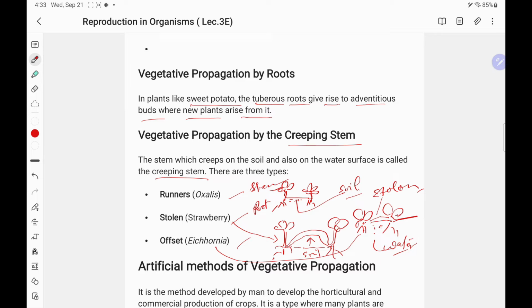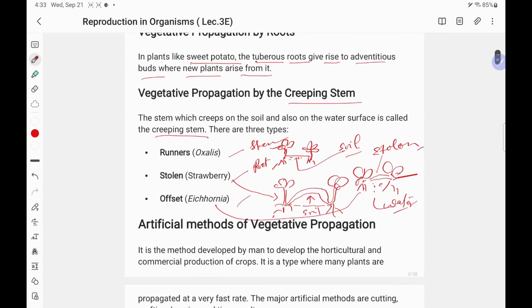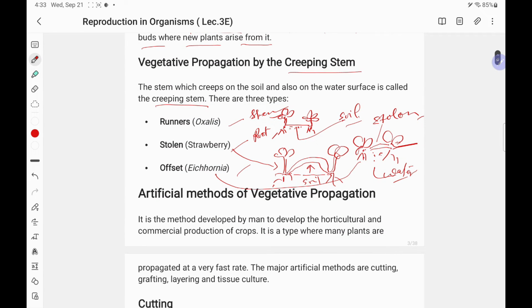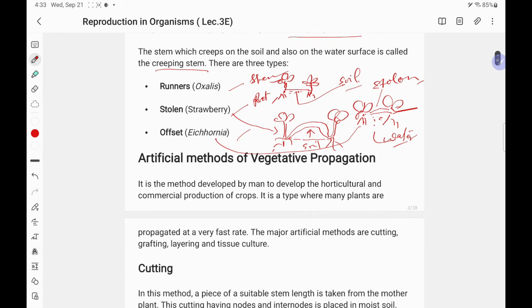These are the methods by which creeping stems propagate, horizontally in water, vertically in soil.